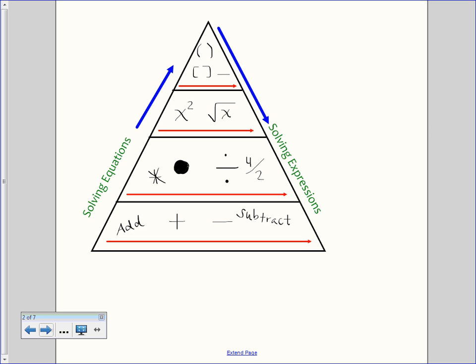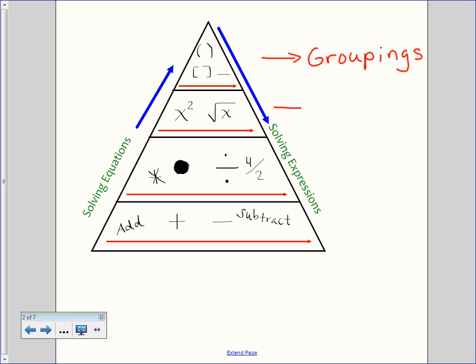First, we're going to take a look at the order of operations pyramid. You do not need to write this down right now. You'll be copying it down in class tomorrow. But please notice up at the top, this is our groupings section, otherwise known as parentheses, but we also have more than just parentheses, so we now call it groupings.